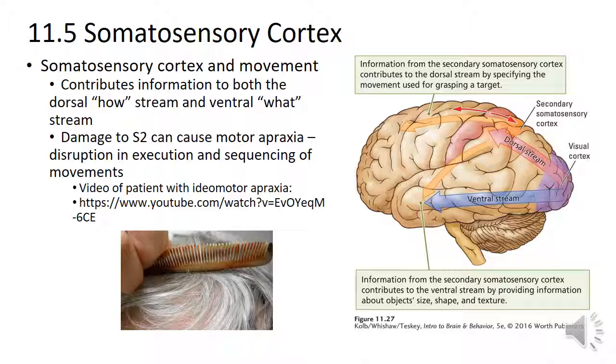And in this picture, you can see somebody with motor apraxia trying to comb their hair, and they can do the rough movements, but they don't have that sensory feedback, so the comb is flipped over, and they're not able to do everything correctly.